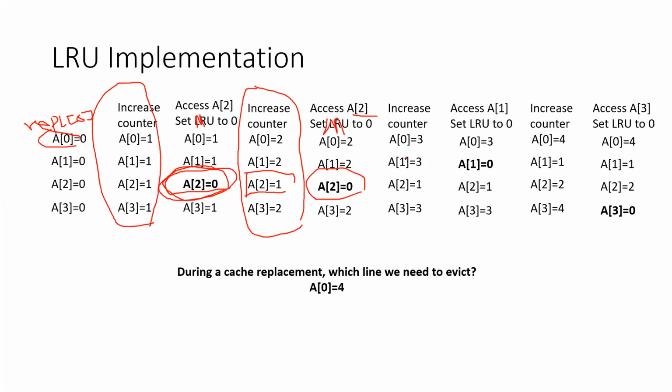Now you have the third request, I increase all the counters. Because you just accessed this counter, this counter value is 1. All the other counters are just plus 1.